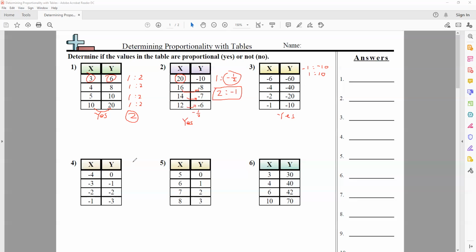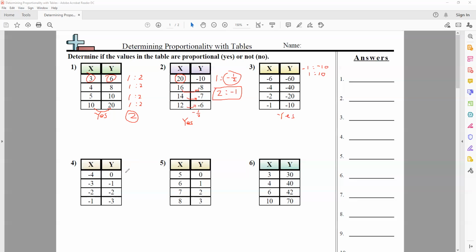Okay. Number 4 would be, so look at the ratio. I feel like I don't know what the ratio on this would be.